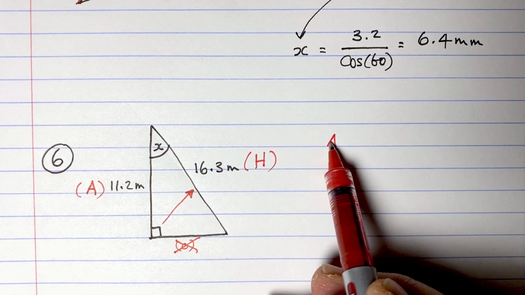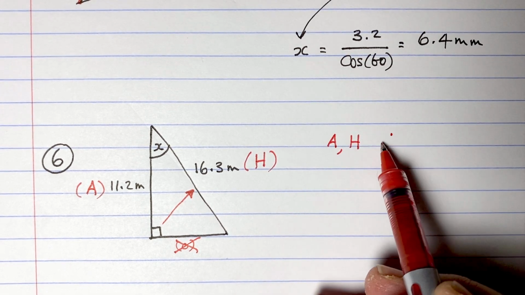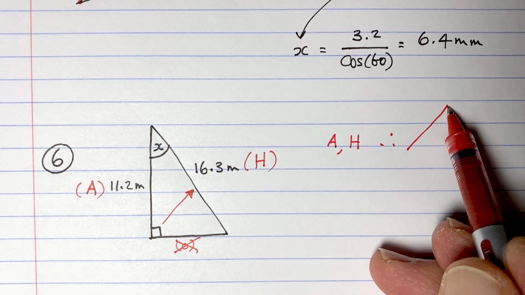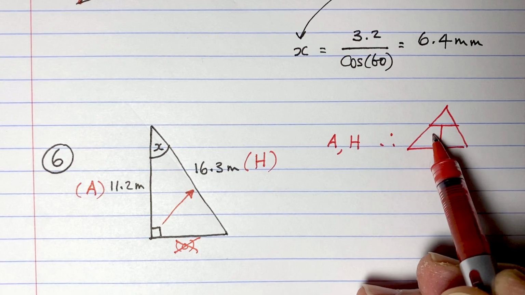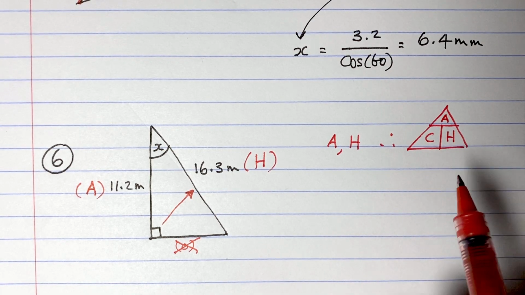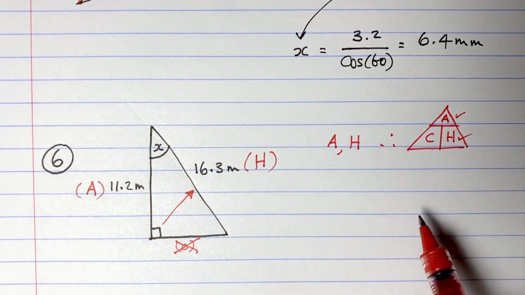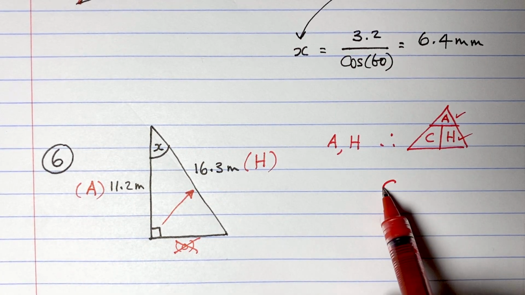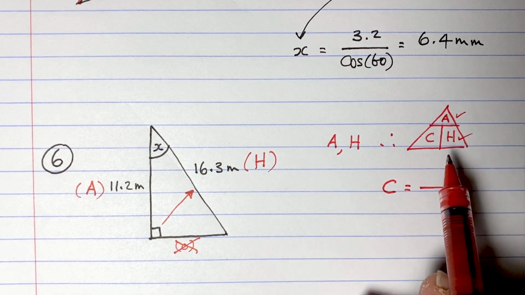So A, H, again will bring me into the second triangle, CAH. If you look, both A and H are given. So I'm looking for C.